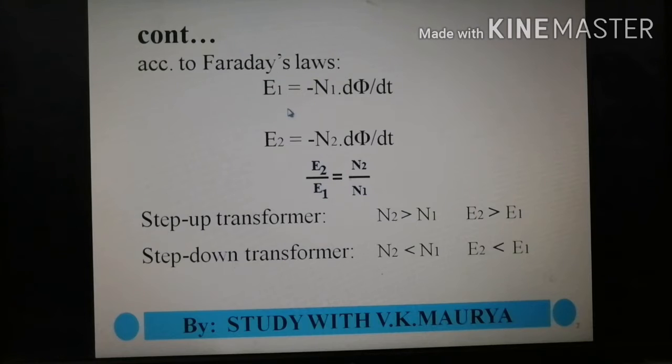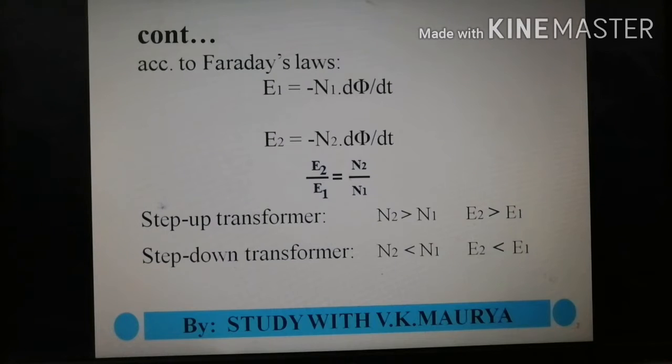E1 is proportional to minus d phi upon dt, so E1 is equal to minus N1 d phi upon dt. Similarly, E2 is equal to minus N2 d phi upon dt. Now see the ratio, E2 upon E1 is nothing but N2 upon N1.